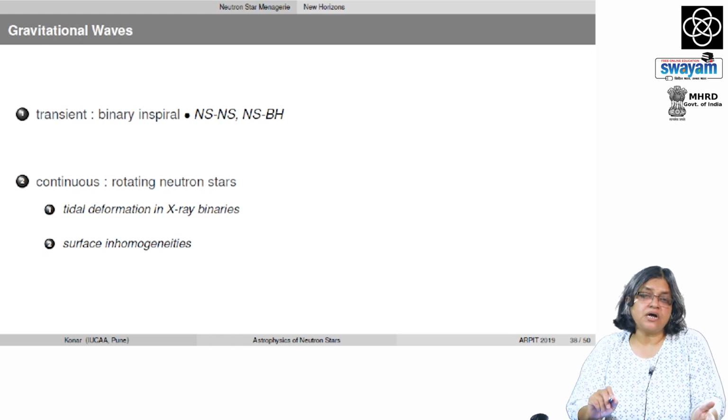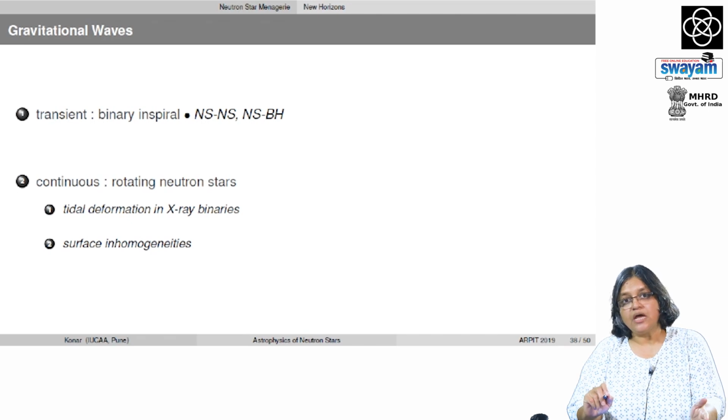Now, neutron stars can also be very good sources for continuous gravitational waves. The advantage of having continuous gravitational waves is that we are not time bound to observe a transient phenomenon. We can target our observation, we can observe a particular system for a long time and get valuable information about the system as well as the nature of the gravitational wave itself.